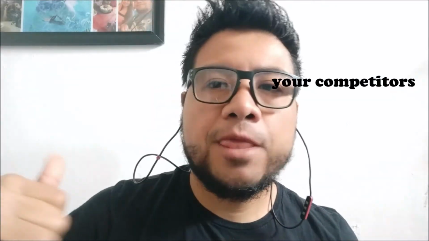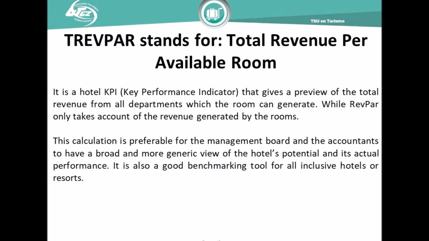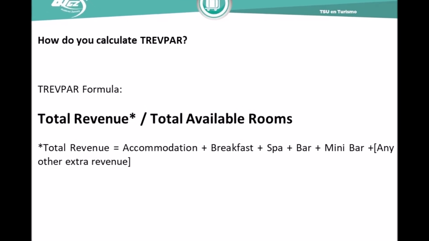Good. And finally, we have the TRevPAR. What is the TRevPAR? The TRevPAR is the total revenue per available room. What is the difference between this and the others? Here, we are going to consider the total revenue that we have in the hotel. All the sales, I mean the rooms, spa, restaurant, and all the services.